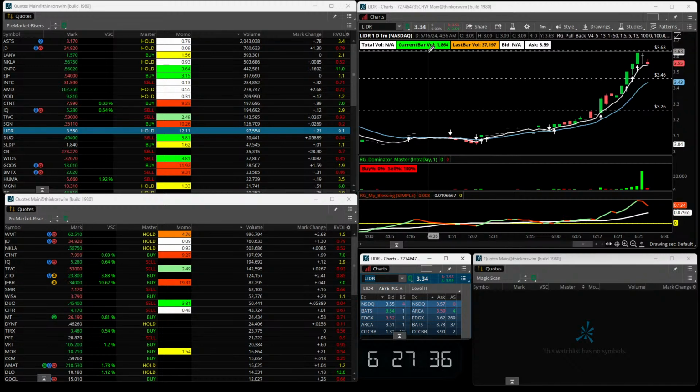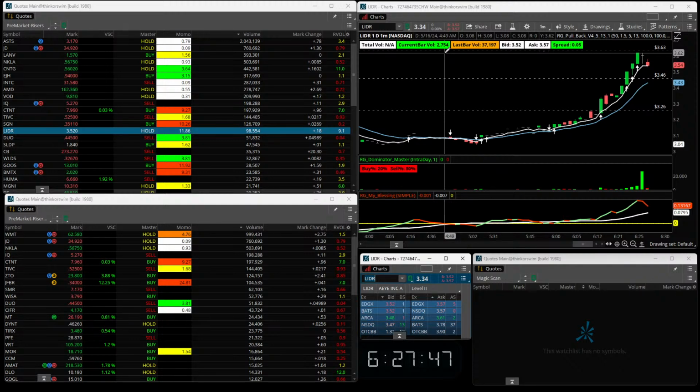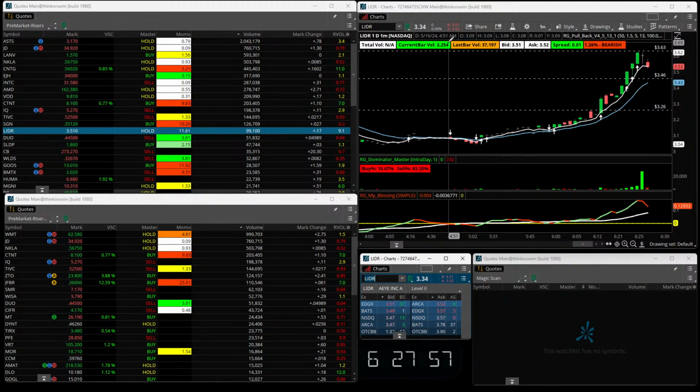LIDR, not a lot of volume moving. It's currently frozen till somebody makes a trade. These are not the kind of plays that I prefer. I want to see lots of activity. This kind of volume is like, okay, I'm waiting for somebody to buy after I buy.